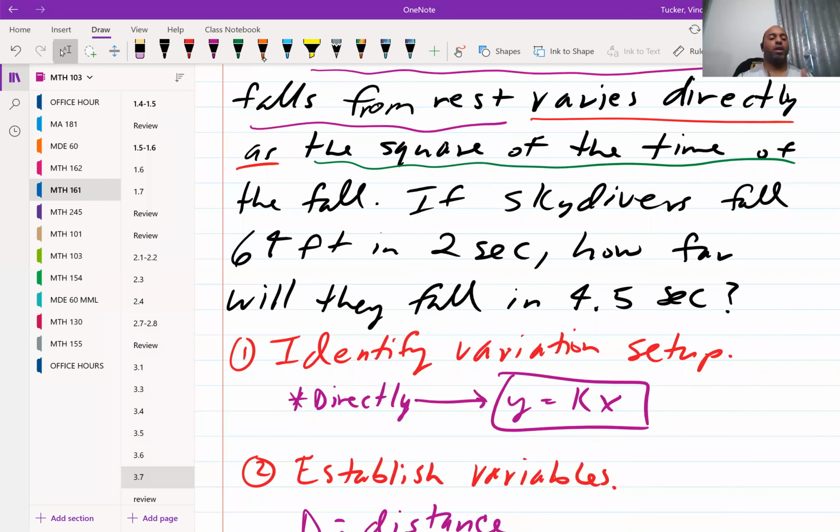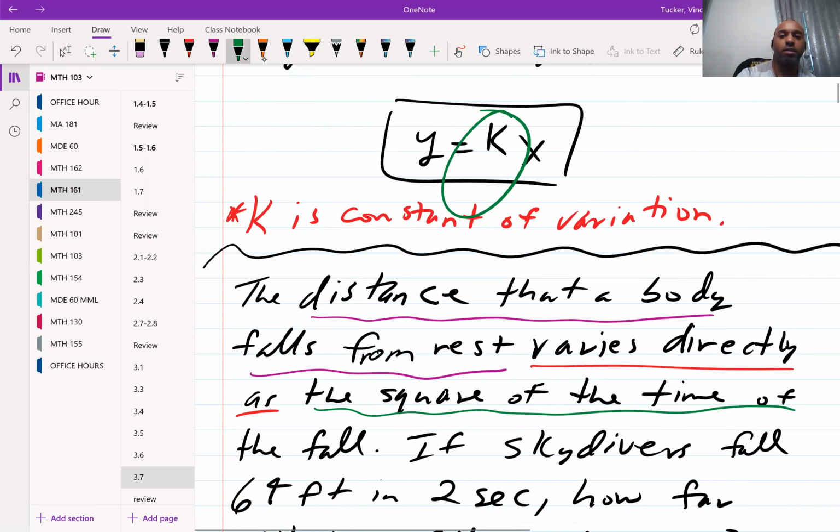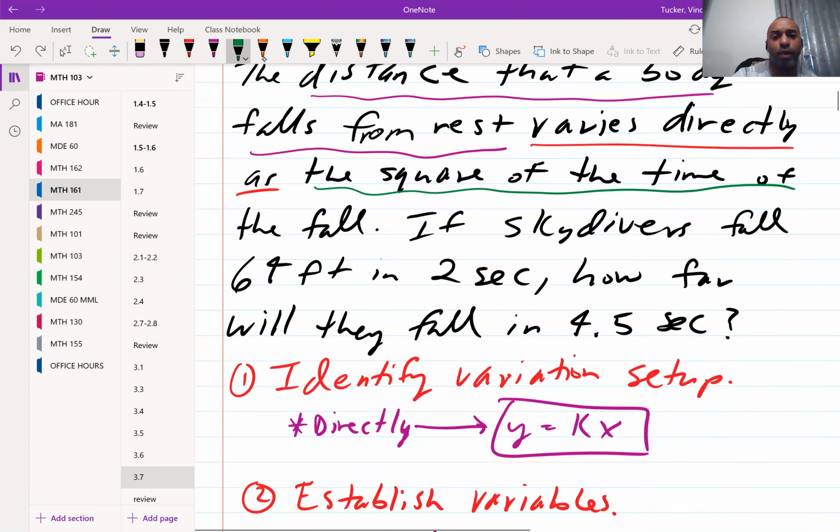It doesn't matter what you call these variables as long as you don't use K. So if you have a problem that deals with kinetic energy, you wouldn't want to use K for kinetic. You maybe use E for energy, but K is your constant of variation. Remember, that's always going to be a part of your setup. In all of these problems, K will always be a part of the setup, so you don't want to use K as your variables.